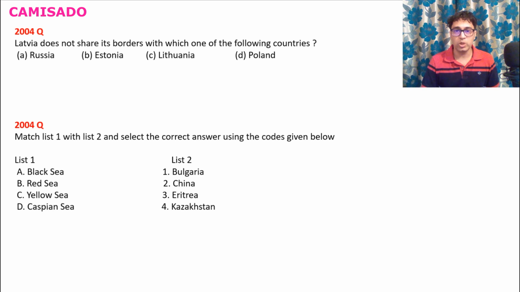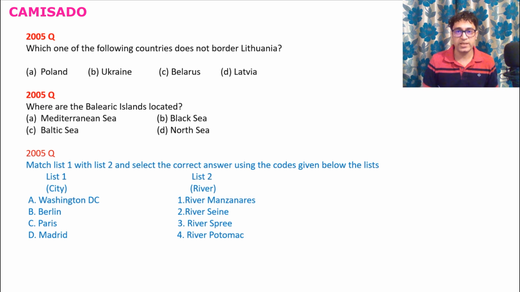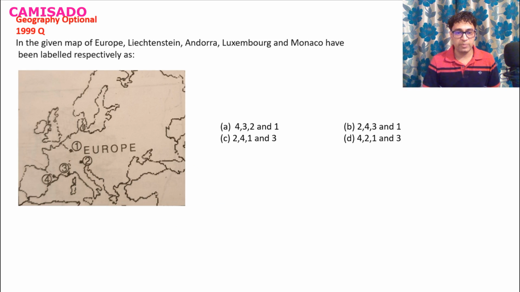And by looking at the old questions, you will get a fair idea of what you can expect in future also. And if you go through the old questions, you will realize that in a very large number of questions, they just want you to have an image of the map in the mind. And by just having an image of the map in the mind, you will be able to solve a variety of questions.